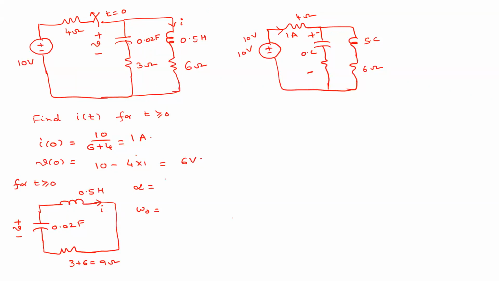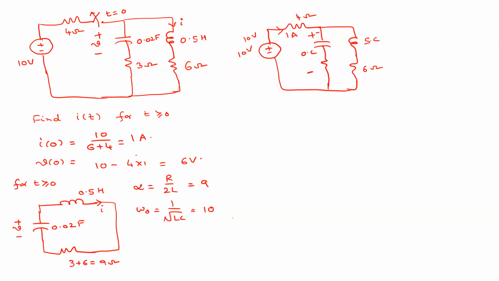R by 2L, which is 9 by 2 into 1 by 2, so 9. What is omega naught? 1 by root of LC, which is 1 by 10.